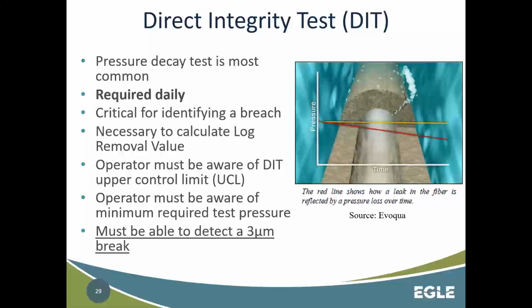That's all done in the factory before you even get the membranes, but they have to be designed such that they would detect a 3 micrometer break. So if it's not able to do that, then that particular model would not likely get approved in any state.